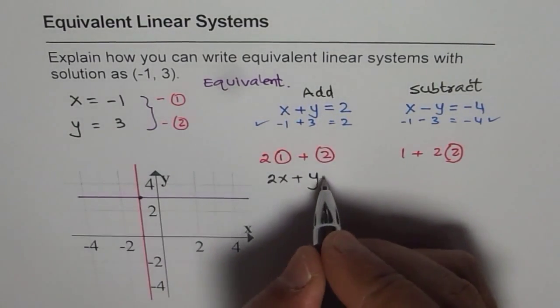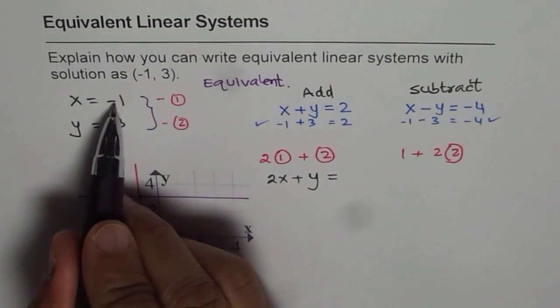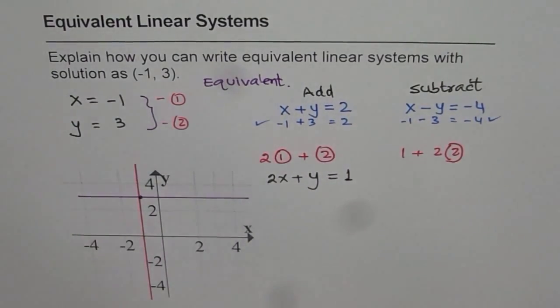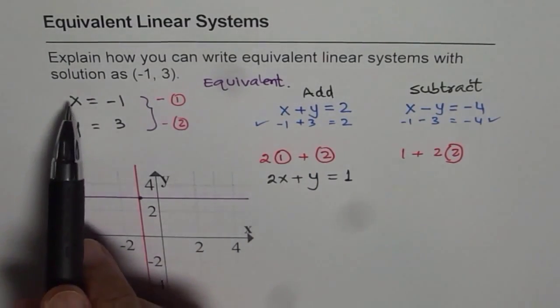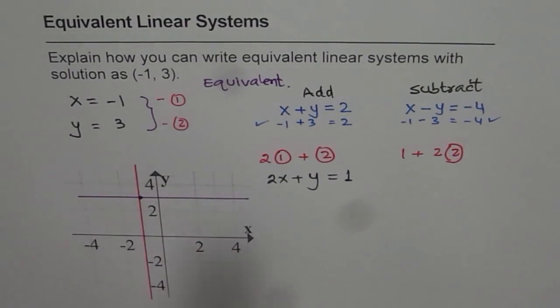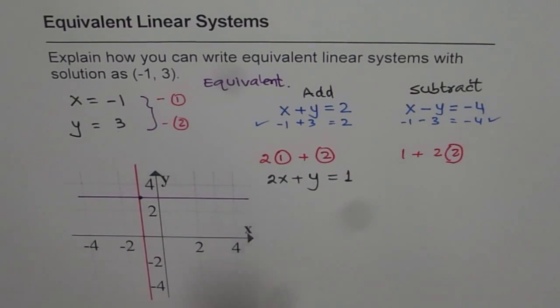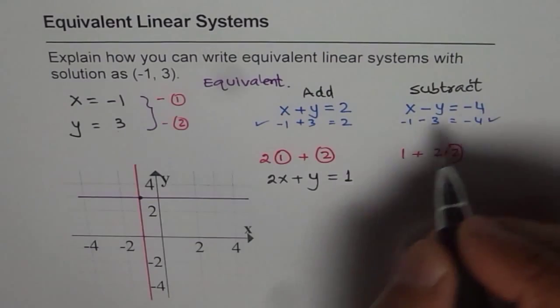On the right side, I get 2 times -1, which is -2, plus 3 is +1, correct? So that is my new system of equations.